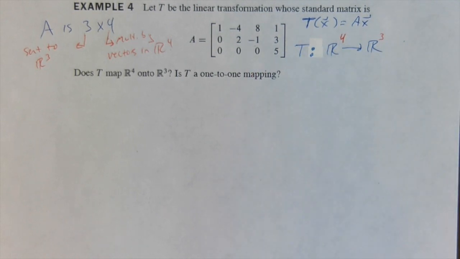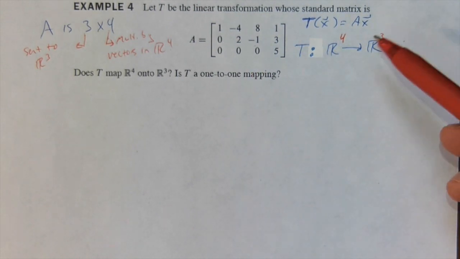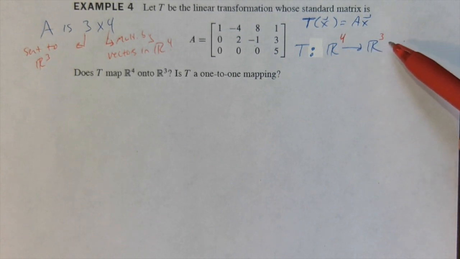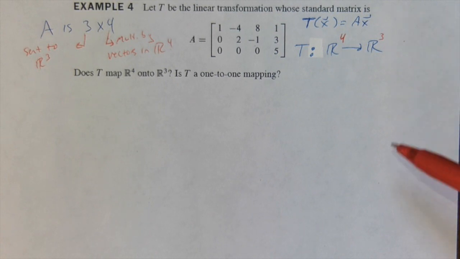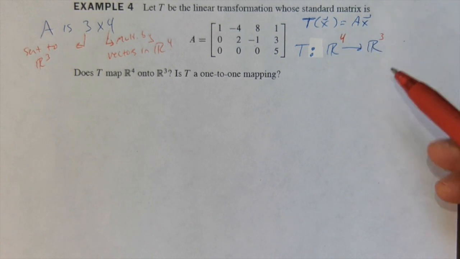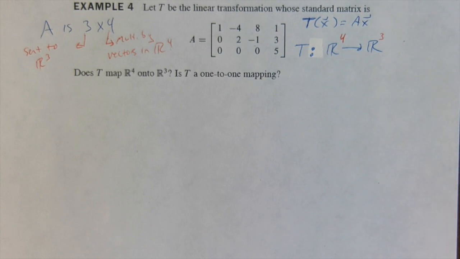Just looking at the dimensions there. And so we're going from a bigger space, R^4, into a smaller space. So you can imagine things being filled up in that space, so it's possible things would be onto. It's not possible to go from a smaller space to a bigger space and be onto, but it is possible to go from a bigger to a smaller.